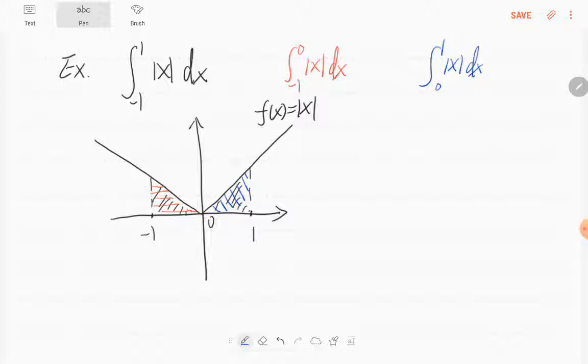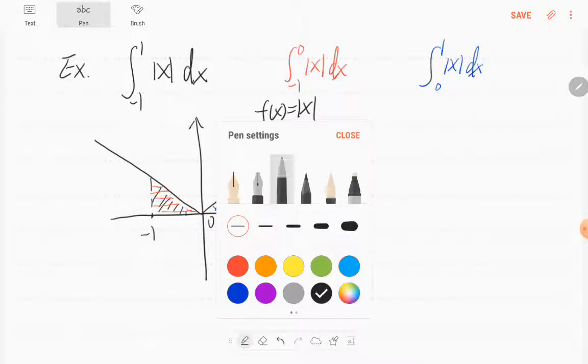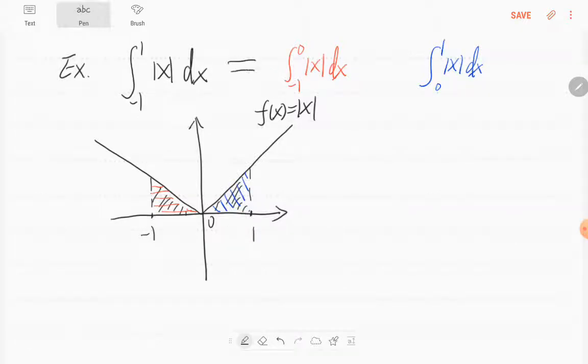The original one is the black region, and the black region is equal to the red region plus the blue region. So we actually insert a number 0 between -1 and 1.